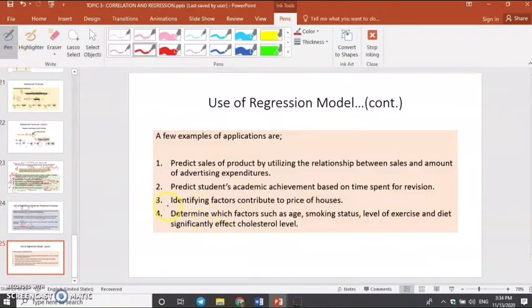So this one is usually for multiple regression, you see? We have the variable age, variable smoking, variable level of exercise and diet, then the effect on cholesterol level. So this is our Y, cholesterol level. These are our X, so they can be X1, X2, X3. So do these X have an effect on our Y? So that is one of the multiple linear regressions that you all need to know. Okay.